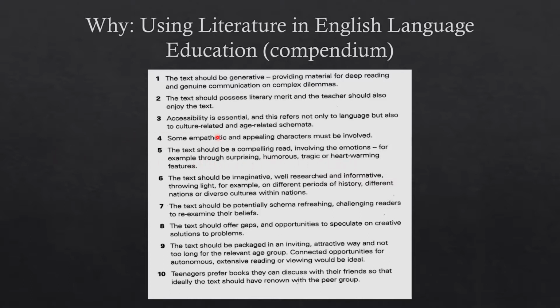And empathetic and appealing characters. The text should offer gaps and opportunities to speculate on creative solutions to problems. This is something I want to work with in my class, to just stop and think, hey, the main character is in trouble. What should we do?